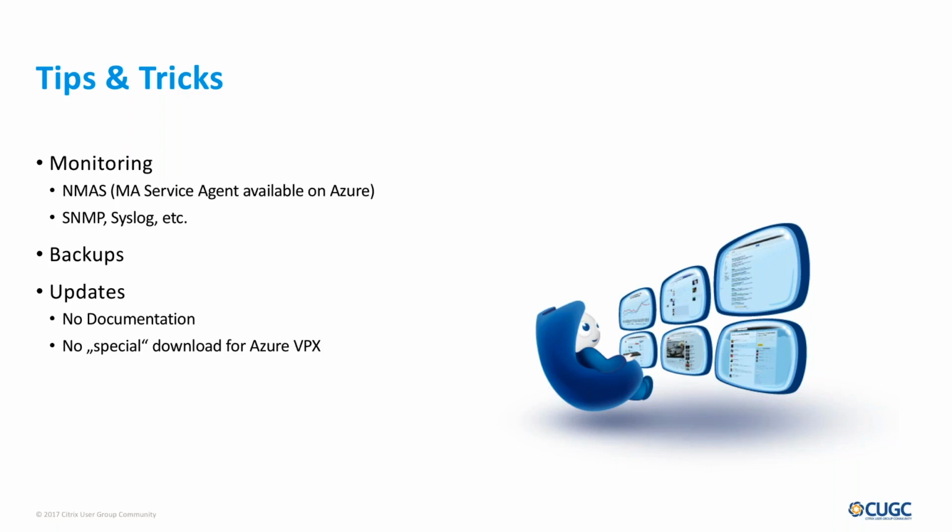So, in my opinion, there is a special build for Azure, and this is not available for download so that you can upgrade your NetScaler on your own. You have to redeploy it, and therefore a backup will be helpful. Otherwise, you can automate your NetScaler, and I will go deeper on this later. Next, please.